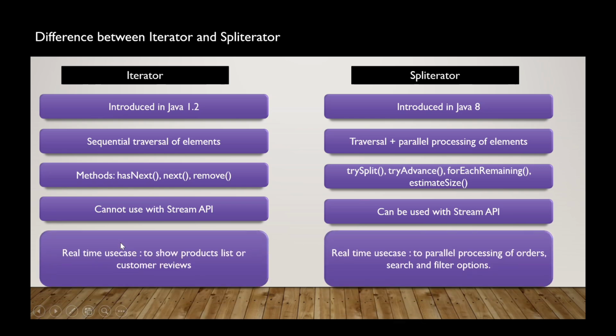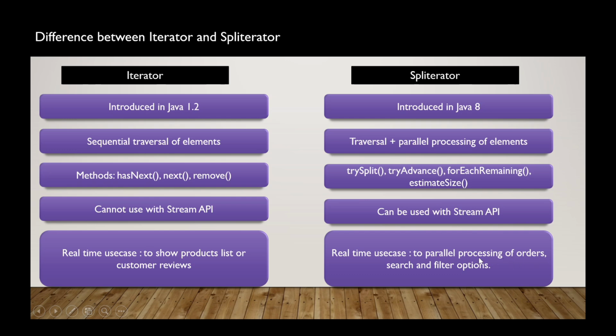Real-time use cases for Iterator are if we want to show any list of products or customer reviews, which basically consist of traversal, we can use this Iterator. Real-time examples for Spliterator are if we want to process orders in parallel with different statuses.